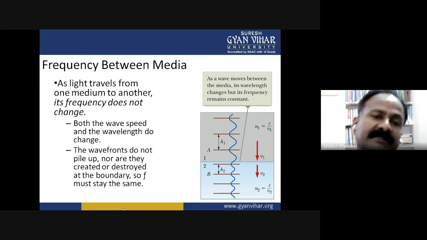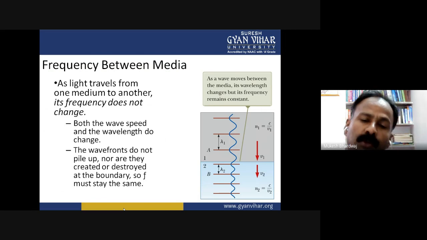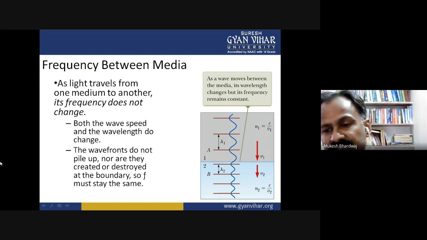So the frequency between media, which I had already told you, is not going to alter. As the light travels from one medium to another, its frequency does not change.